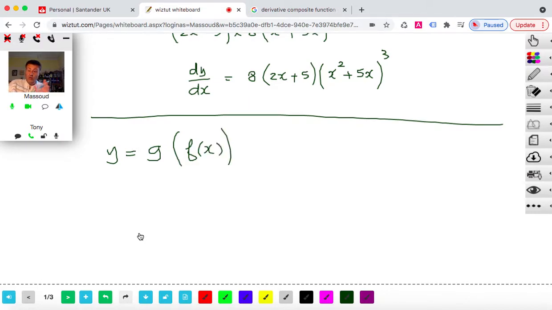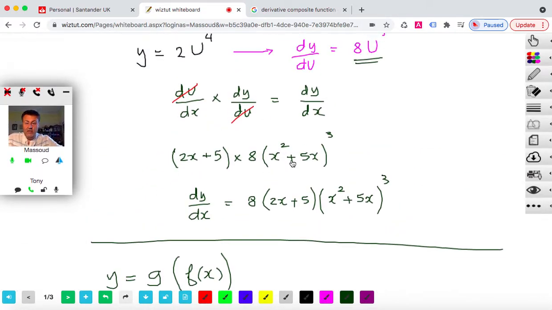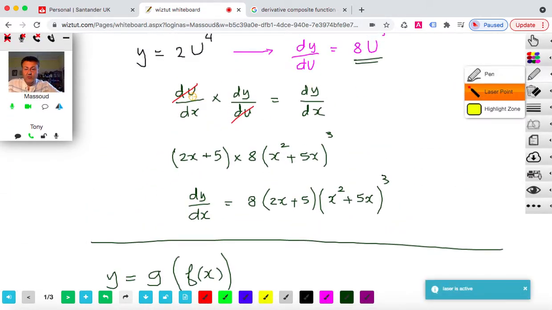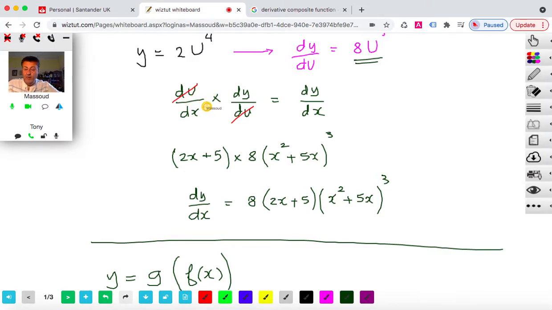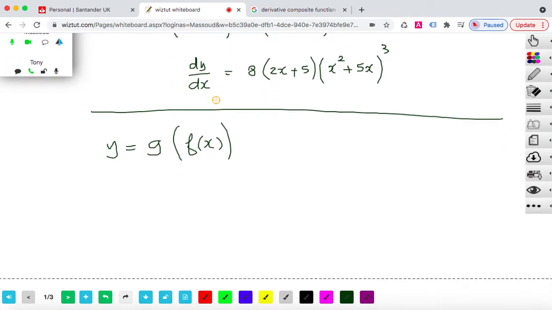This, of course, can go to many levels. The composite function doesn't only have to be 2 functions; it could be a number of functions, and the chain can carry on. In this case, the chain only has 2 differentials that chain through, but that can be a number of them, and maybe we do this in the next video.